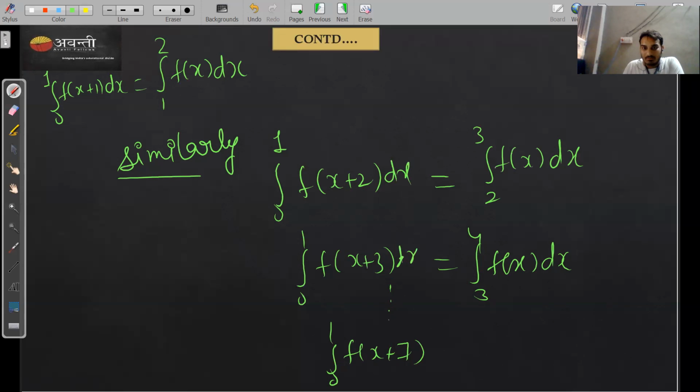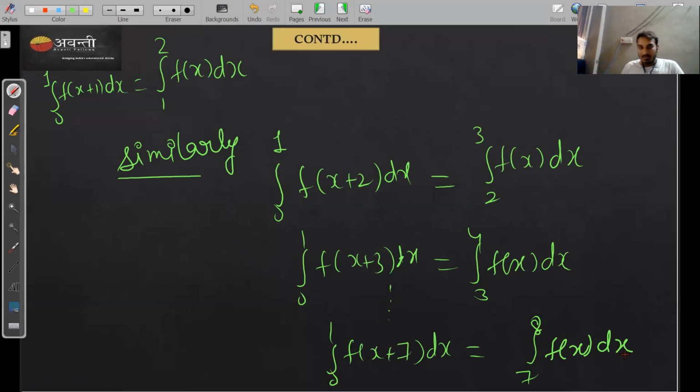Sometimes I just forget that dx also exists because we are so used to the integration part, right? We are so concerned with the integration, we forget dx exists. So excuse me if I miss it sometimes. So it becomes integration 7 to 8 f of x dx, right?